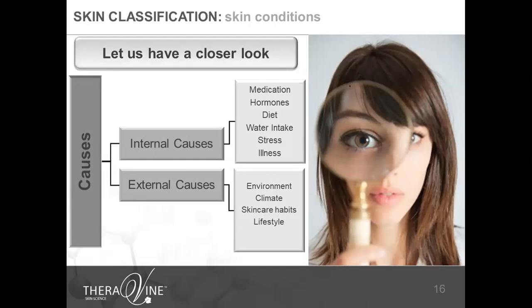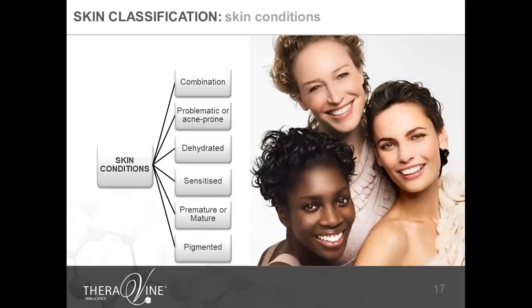It can also be caused by external factors. Internal is obviously medication, hormones, diet, water intake, and stress, and external is the environment. So the climate, not taking good care of your skin, over peeling, over stripping, not good skincare products, and not following a healthy lifestyle. So let's have a look at different skin conditions.